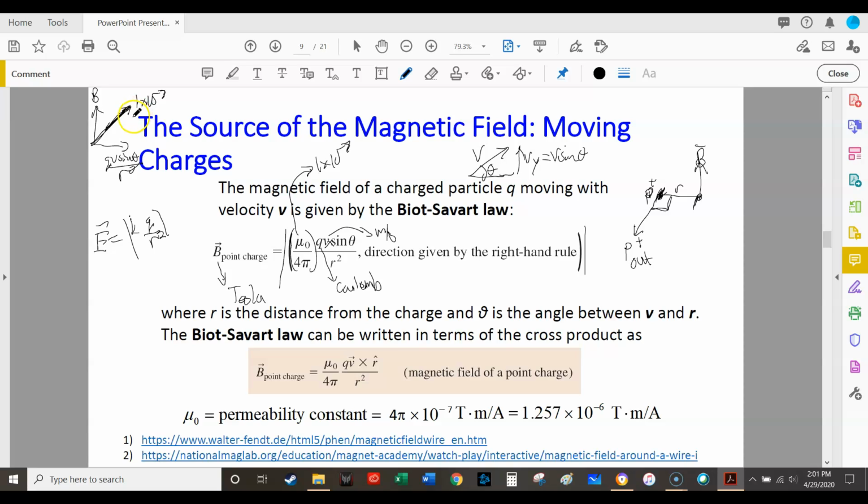So it's a really small slope, but it's actually 4 pi times 10 to the negative 7th over 4 pi. So the Biot-Savart law is a relationship between a moving charge and the magnetic field, and it takes on the same kind of structure as an electric field.